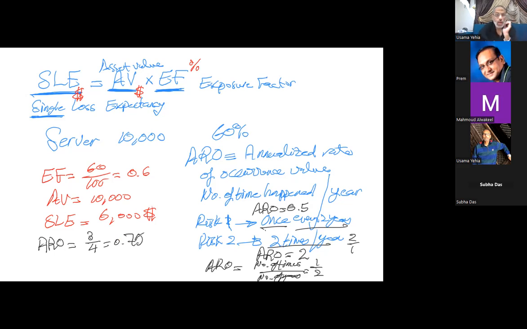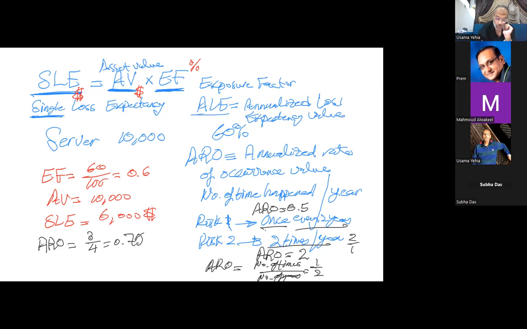Okay. Another terminology, which is the last one, is called ALE, the annualized loss expectancy value.